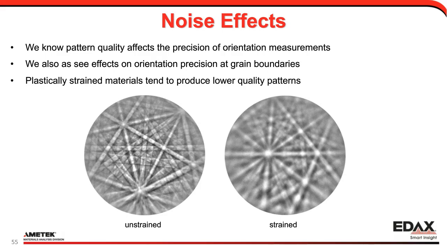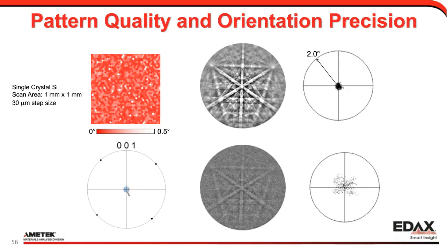As an example, here's just a single crystal silicon. If we analyze that, you can see it's a tight cluster for that set of measurements. It's a pretty big scan, which is part of the reason for the imprecision, but you can see it's pretty tight around the center. This is a 001 pole figure for this material.